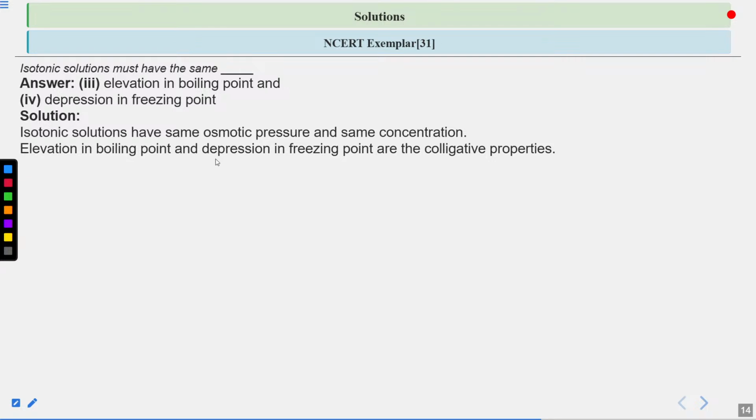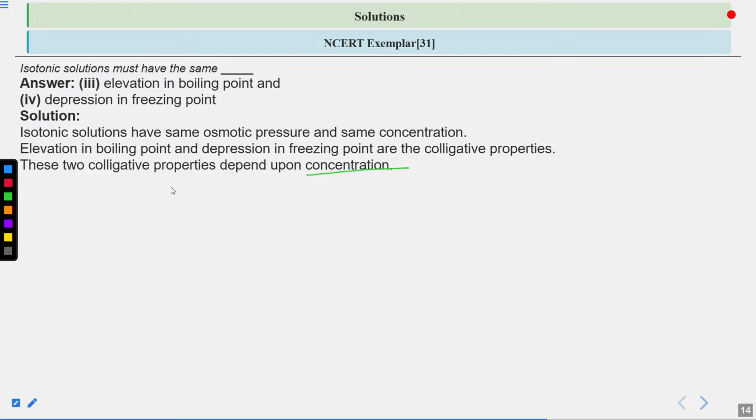Elevation in the boiling point and depression in the freezing point are colligative properties, and these two colligative properties depend upon the concentration, right? Because both are defined in terms of concentration.